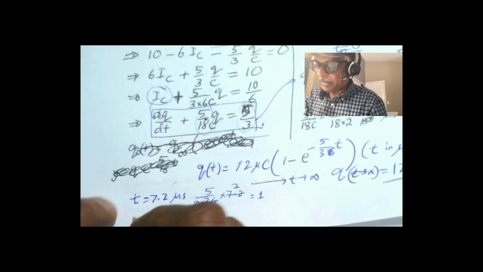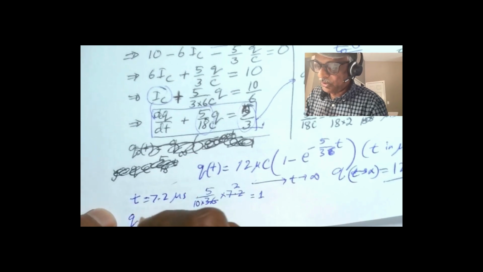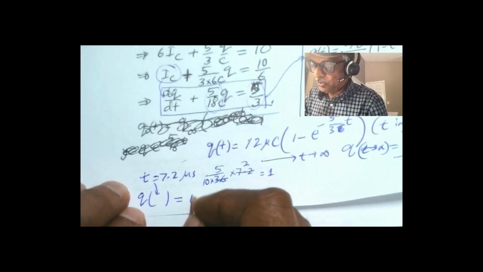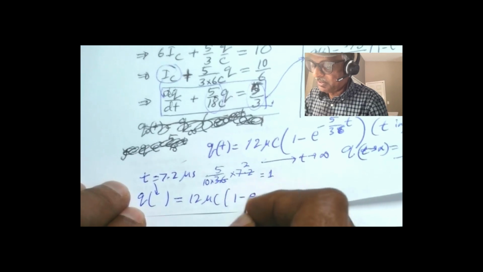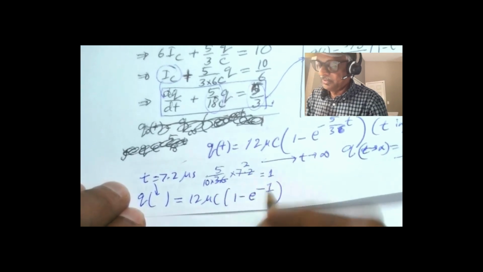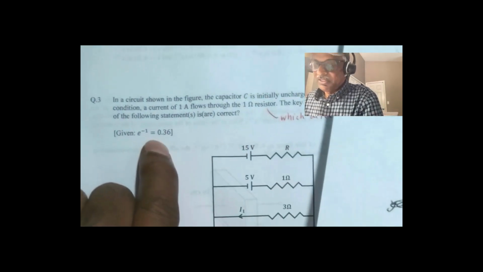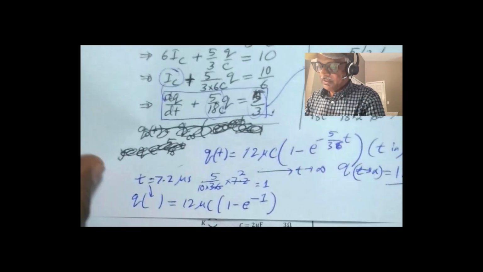And so q at this time is equal to 12 microcoulomb times 1 minus e to the power minus 1. And the question actually tells us to use e to the minus 1 is 0.36.